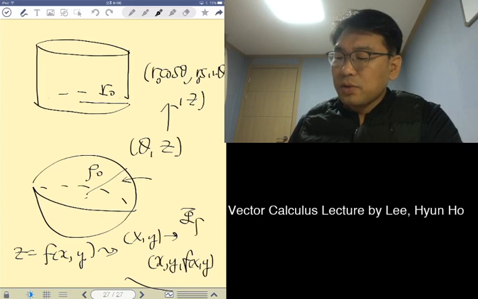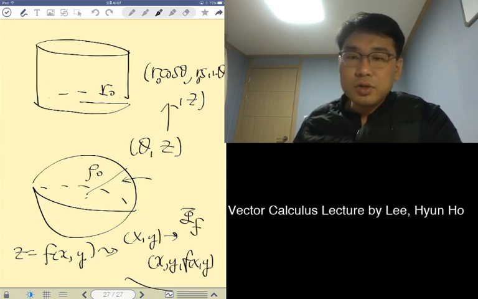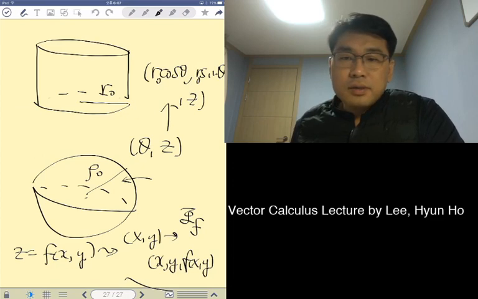So we call this the canonical parameterization. I'm denoting it here phi_f, which is induced from f. So these are the parameterized surfaces.